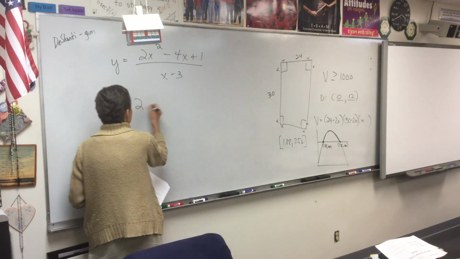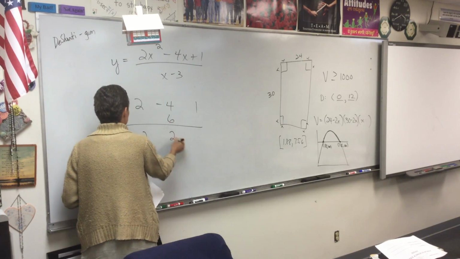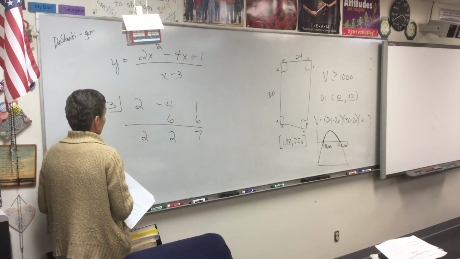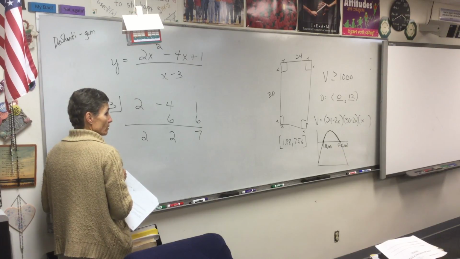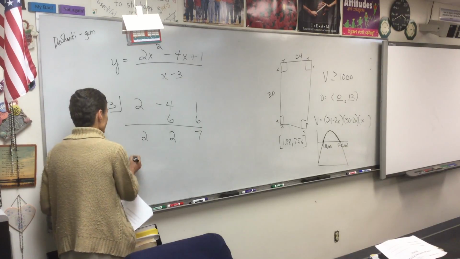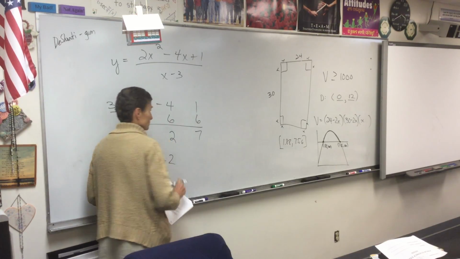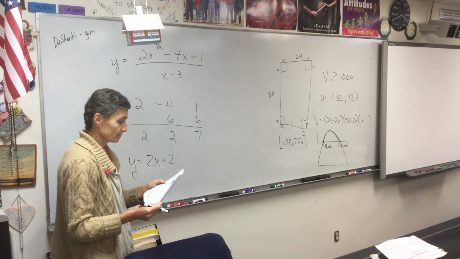You're going to put a 3 out here, these numbers across the top, and here we go. Did I divide right? So what goes in the answer blank? End behavior asymptote. Y equals 2x plus 2. And that's all that you have to do with that one.